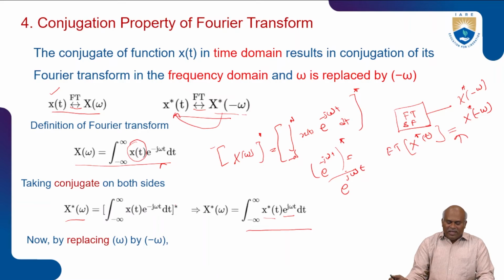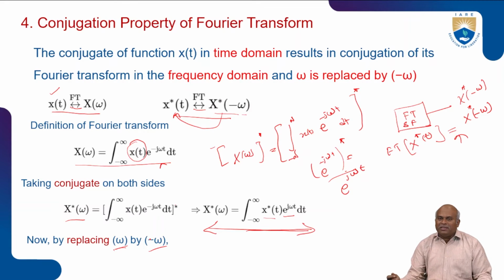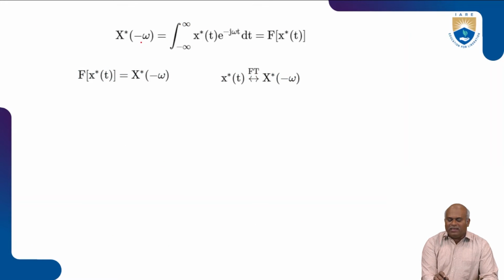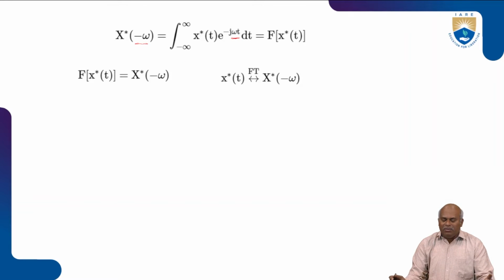Now we can replace omega with minus omega. Wherever omega is present in both equations, we replace omega with minus omega, because we need to convert it back to the Fourier transform form. Now I have substituted omega equal to minus omega here and here. So what happens now?